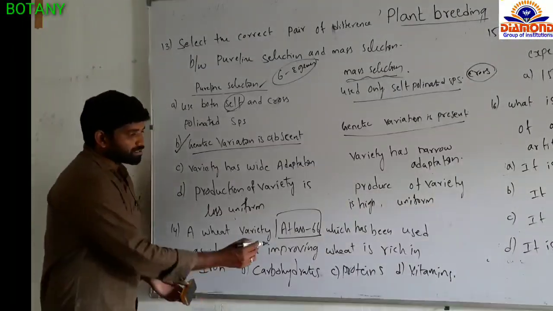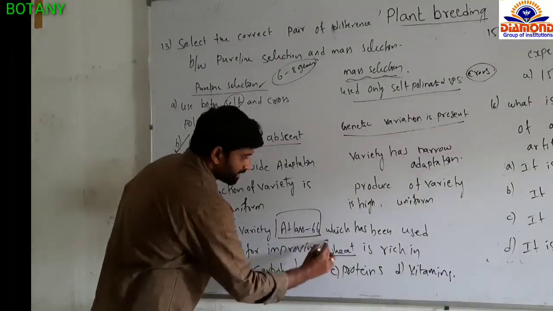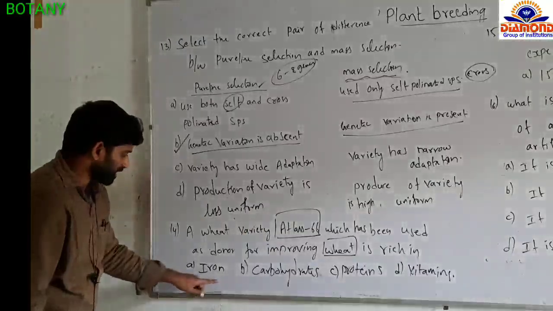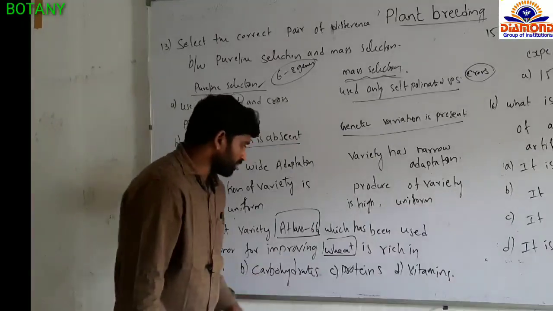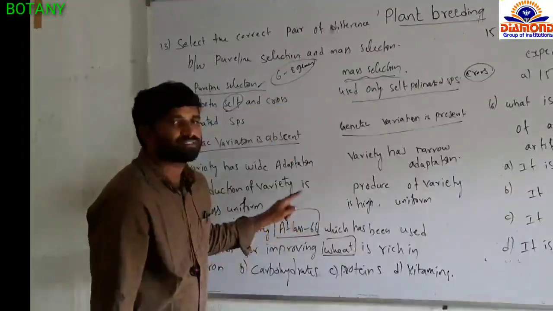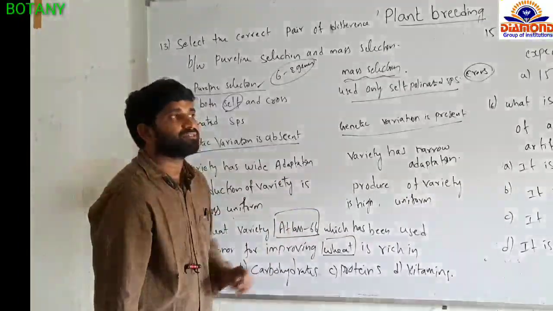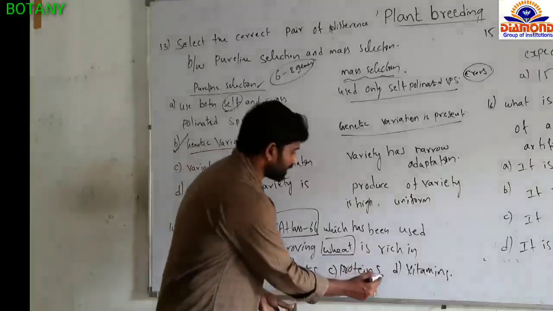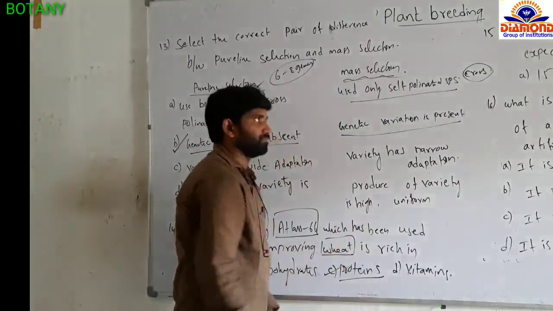The options are A iron, B carbohydrates, C proteins and D vitamins. Atlas 66 contains double the concentration of proteins than the previous varieties. So that's why the answer is C.